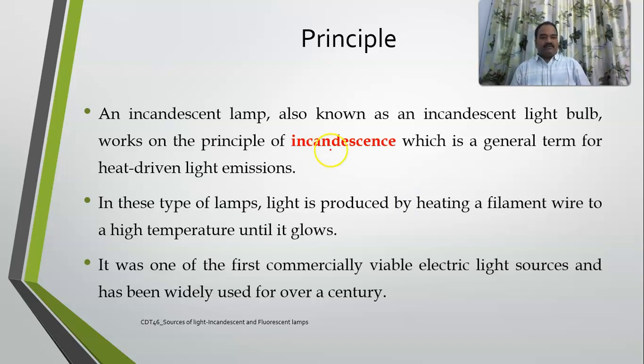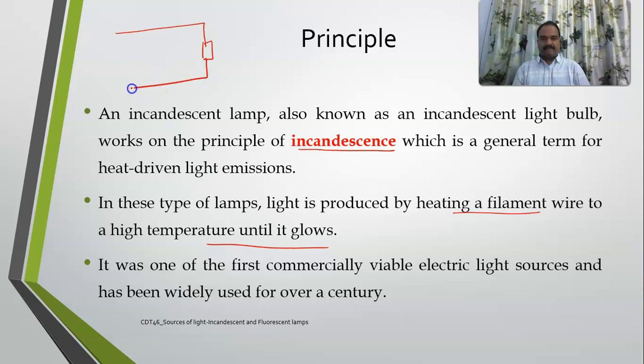it works on the principle of incandescence, which is generally termed for heat-driven light emissions. In this type of lamp, light is produced by heating a filament wire to a very high temperature until it glows, which means that you take a material and you allow current to pass through it.